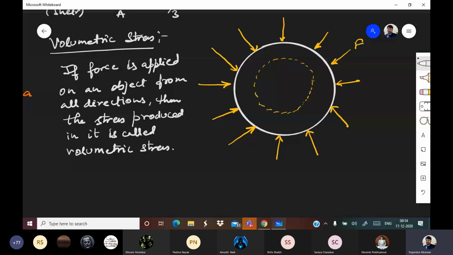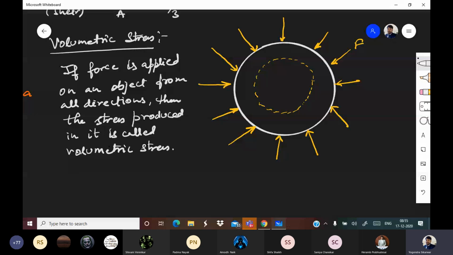Another is the way Amod said, put that object in water. Why? Because when you put the object in water, pressure will act on the object from all directions, because liquids and gases exert pressure on everything that comes in their contact uniformly from all directions. But did you notice which word I used? I used pressure.